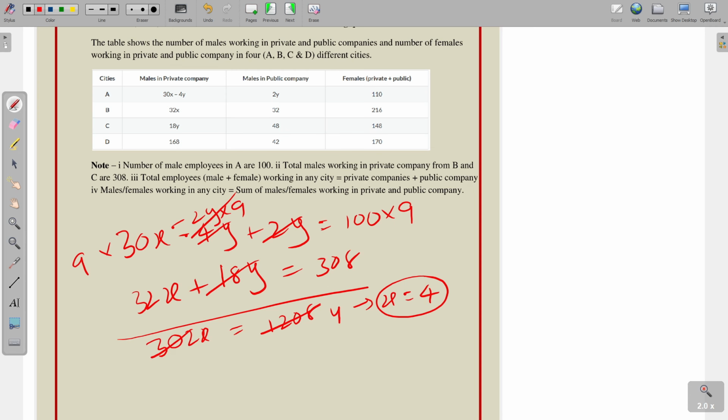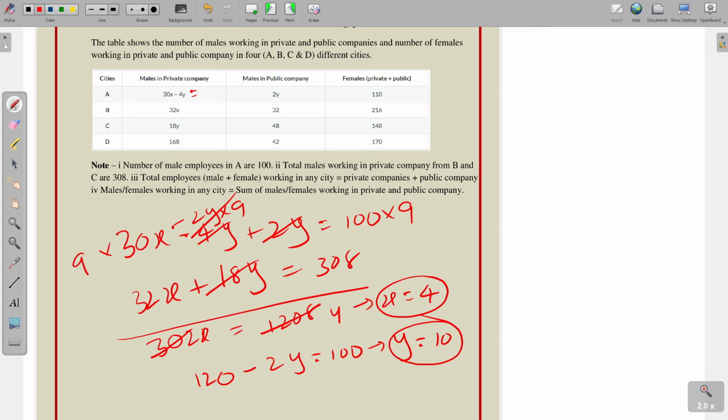Substitute the x value 4 in this place. X value 4 means 120 minus 2y equal to 100. X is 4 means 30 into 4, 120. Therefore, from this y equal to 10. So, x value 4 means 30x minus 4y, 30 into 4, 120 minus 40.